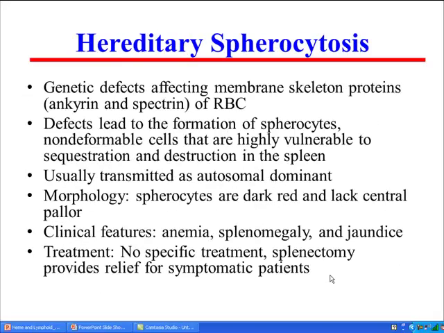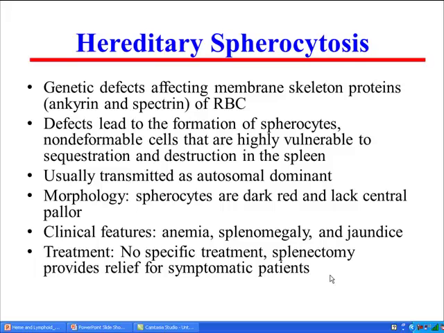The first disorder we're going to talk about is hereditary spherocytosis. This is an inherited disorder, and what happens here is there's some type of genetic defect in the membrane skeletal proteins of the red blood cells, mainly ankyrin and spectrin. When there are mutations of the genes that encode these proteins, there is going to be a formation of spherocytes.